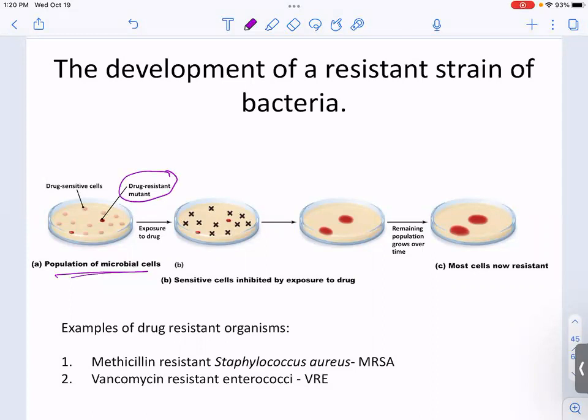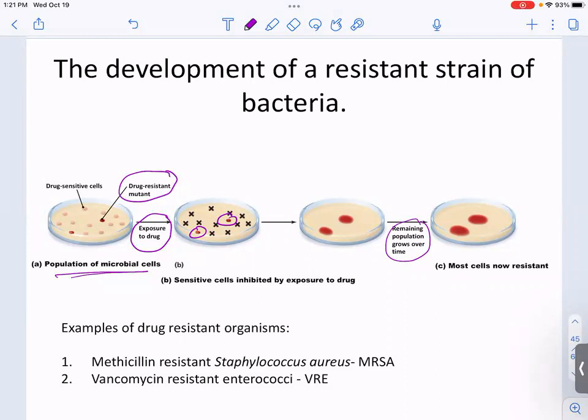Usually if they're drug resistant, they might not be as fit in other ways, so oftentimes those cells might get out-competed unless they are in the presence of some drug. Then those drug resistant organisms are going to survive when the others won't, and they can grow up to become kind of the dominant strain.